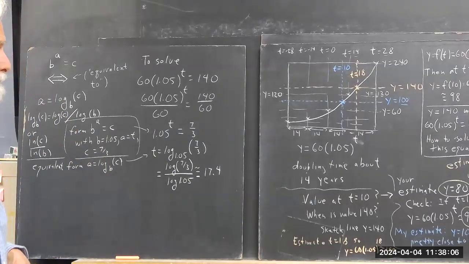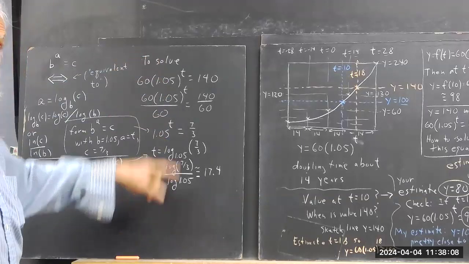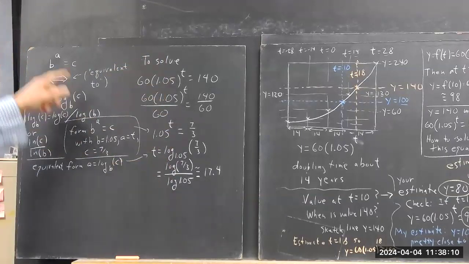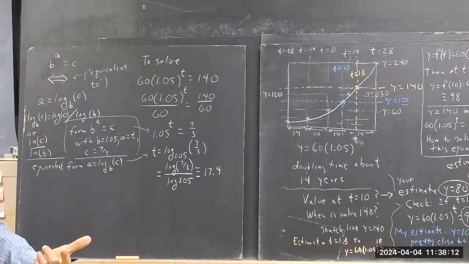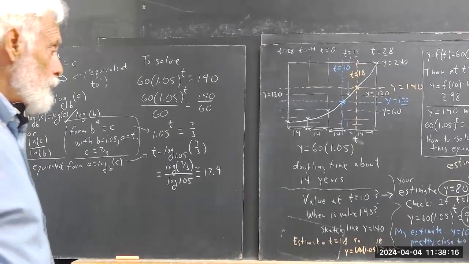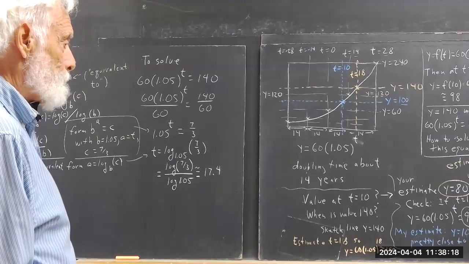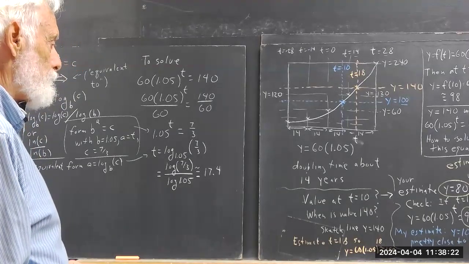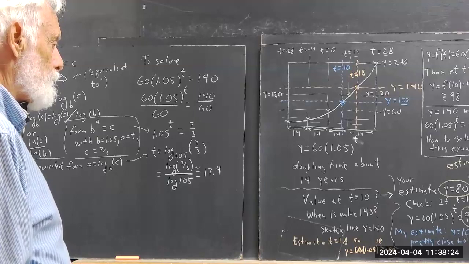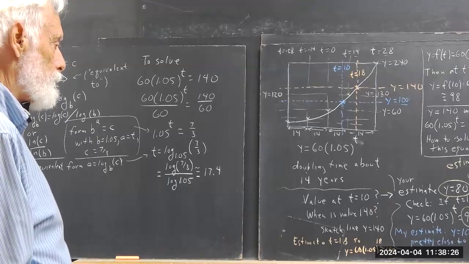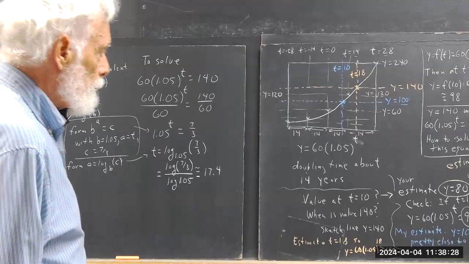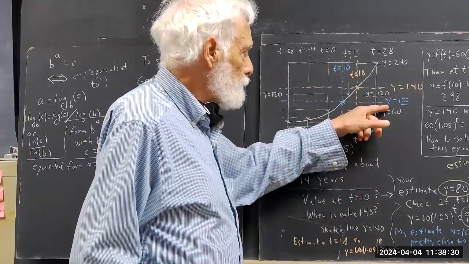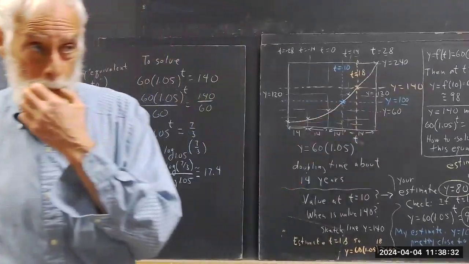So, that's pretty quick to solve. That's an easy equation to solve once you have these rules, isn't it? Okay, notice I made an estimate that y equals 100 when t is 10.